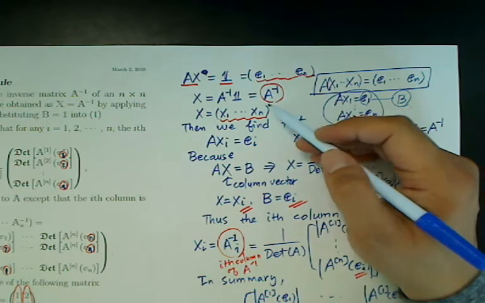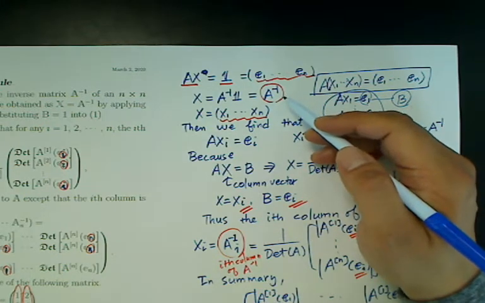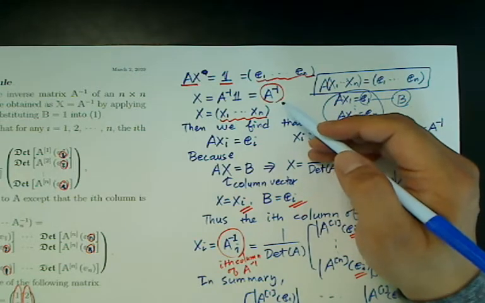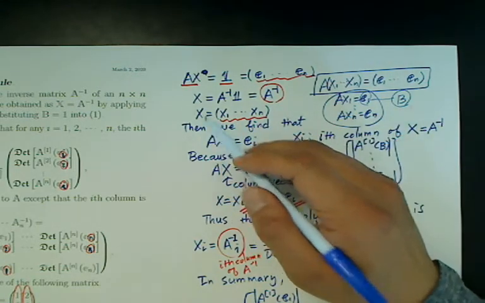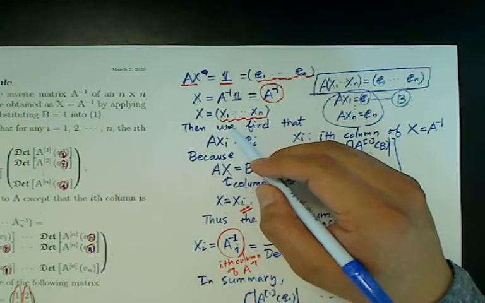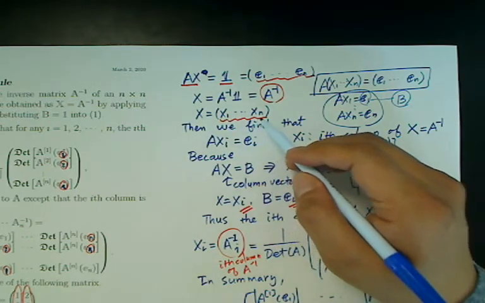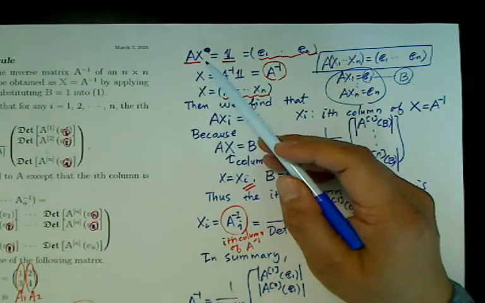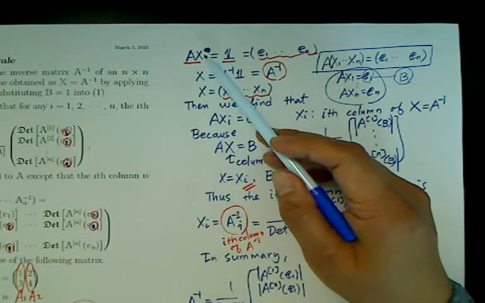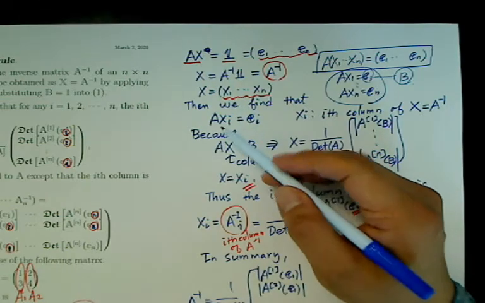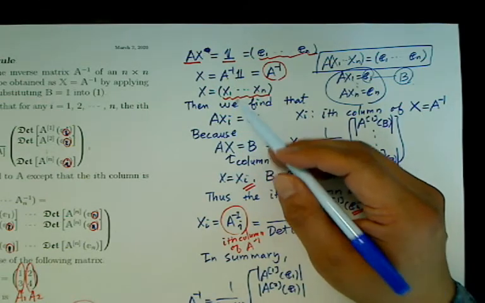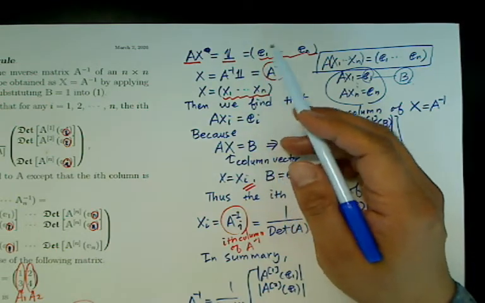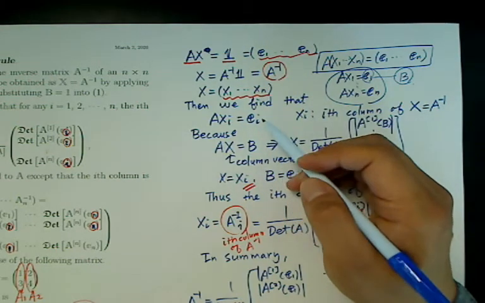So the previous result can be applied to obtain the inverse of this matrix. As we know, x can be expressed in a compact form as a list of column vectors. Then the equation shows that the ith column of the left side is A times the ith column of the X matrix, and the right side ith column is ei.